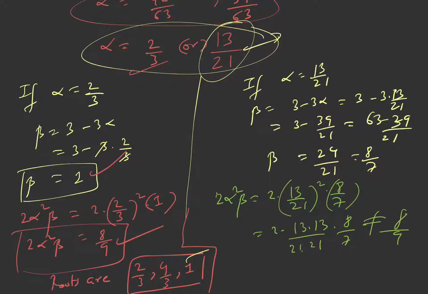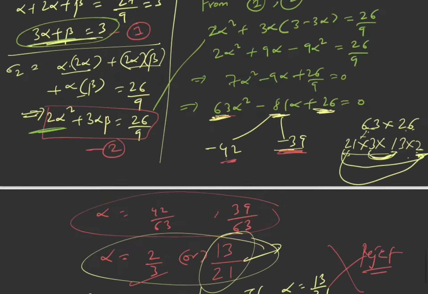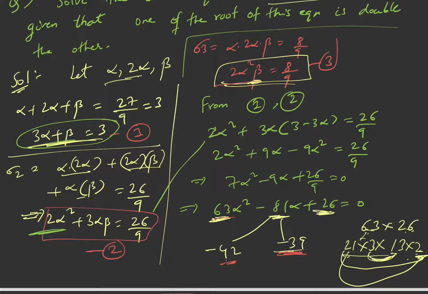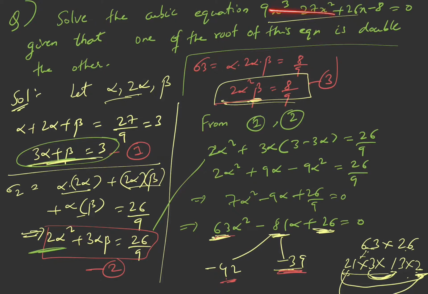So this is clearly not equal to 8 by 9. You can check, this is not equal to 8 by 9. So the third equation is not satisfied for these values of alpha and beta, right? So this cannot be the case. So we'll just reject this case, because the third equation should also be satisfied, right? This is also an integral part of our given equation.